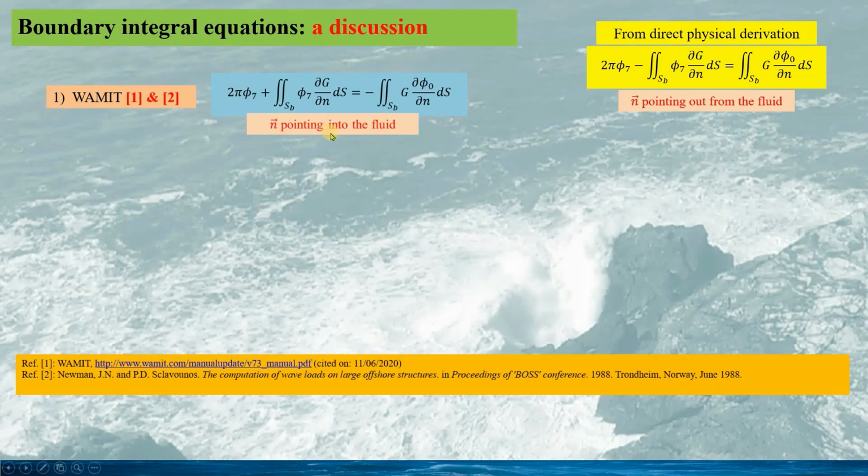But we noticed here the normal vector in WAMIT is defined as pointing into the fluid, which is just opposite to the conventional definition of the normal vector, which is defined as pointing out from the fluid.